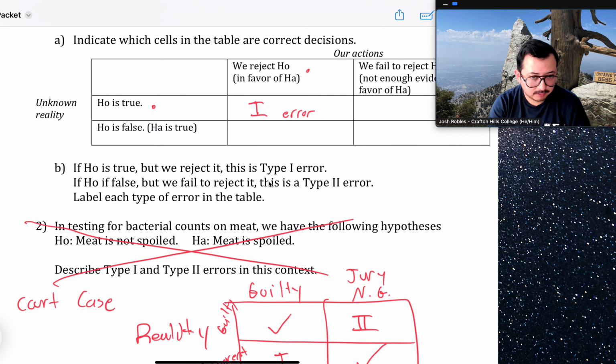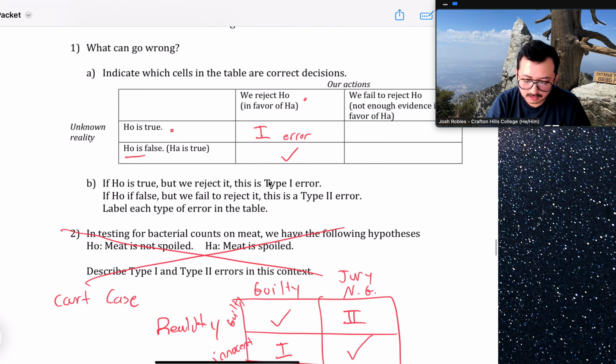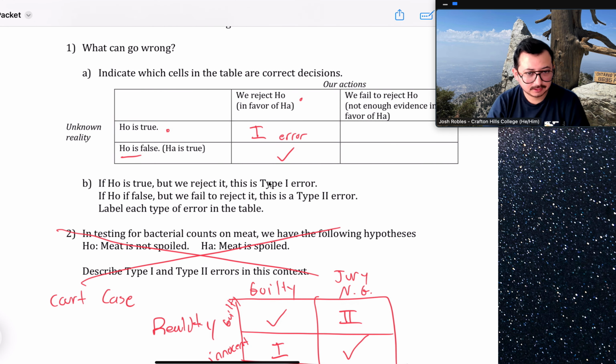If we reject the null hypothesis and the null hypothesis was false, meaning the alternative hypothesis is true, we made the correct decision. Sorry, it's a little bit backwards. If we fail to reject, this is correct when the null hypothesis is true. And it's called a type 2 error otherwise.